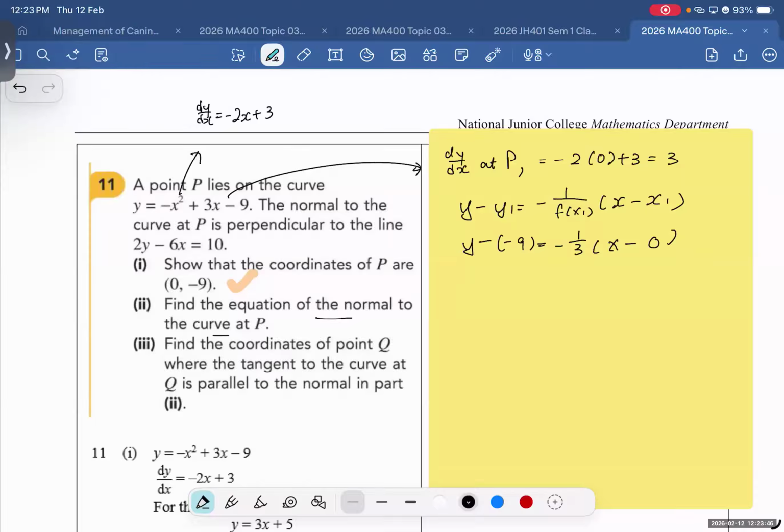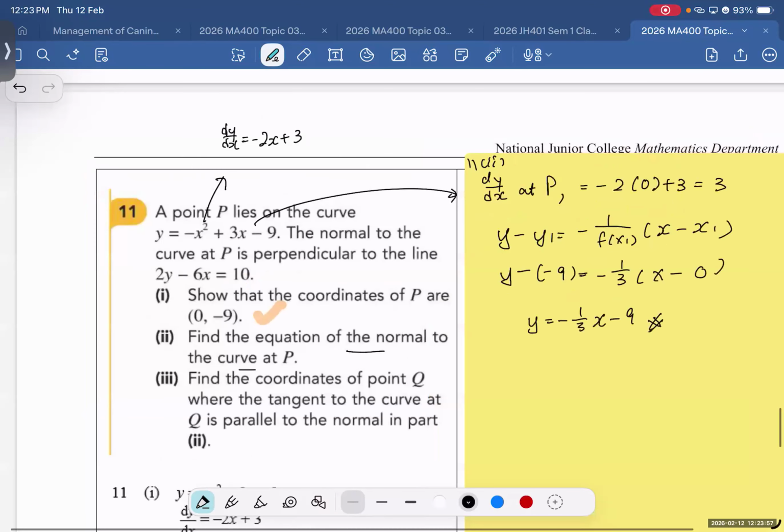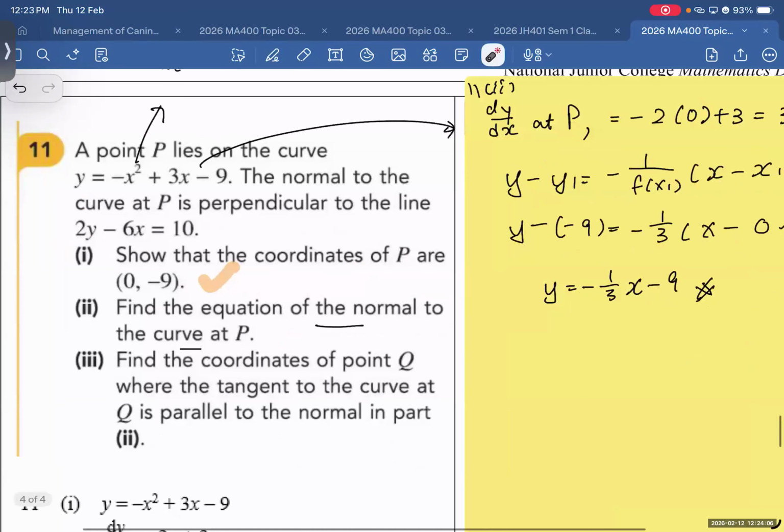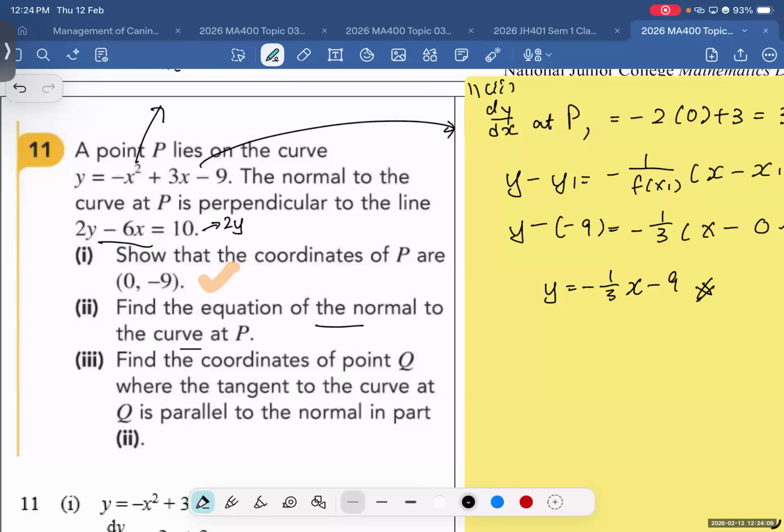But 11 part 1, guys, when you look at this, do you understand what it means? The normal is perpendicular to the line. So I look at the line here. This is the same as 2y equals to 6x plus 10, which is the same as y equals to 3x plus 5.